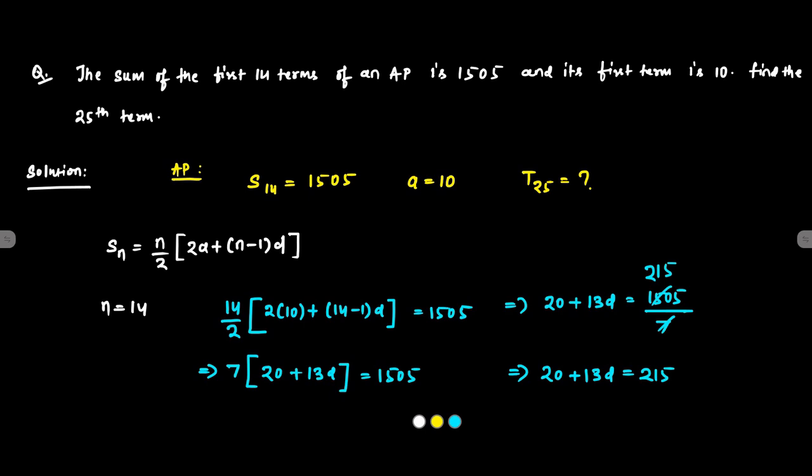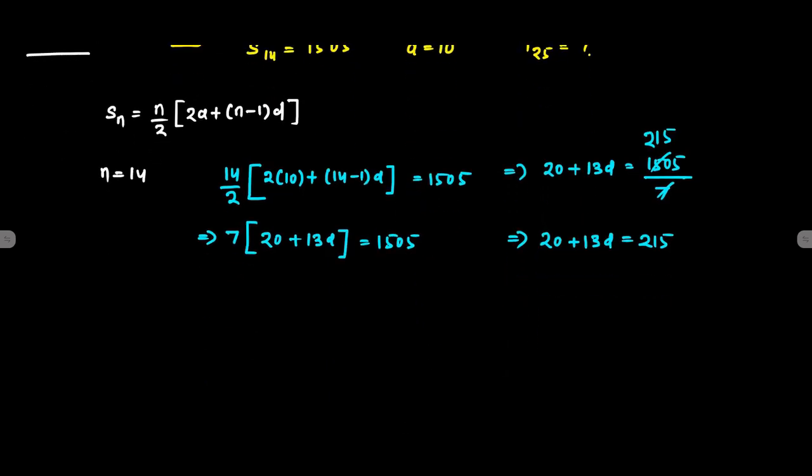That implies 13d is equal to 215 minus 20, which is equal to 195.